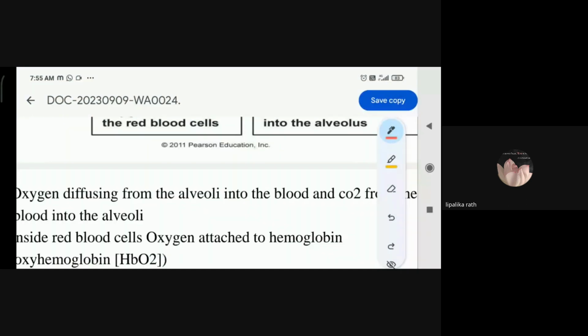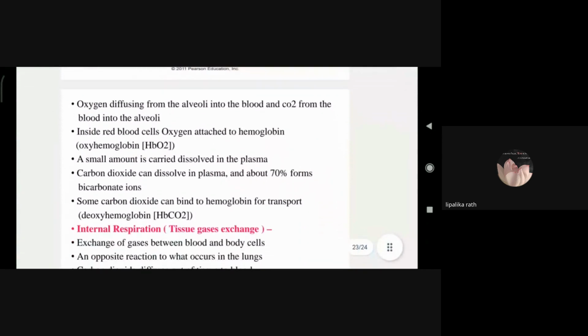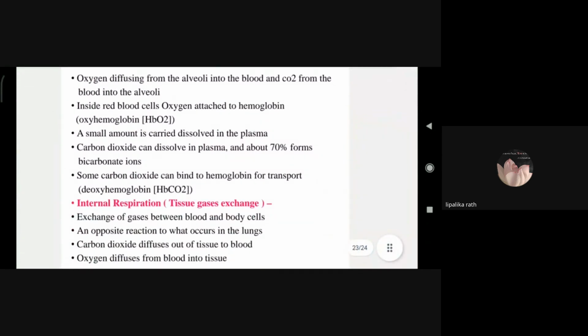Okay. Next, oxygen diffuses from alveoli into blood and CO2 from blood into alveoli. Same thing. Inside red blood cells, oxygen is attached to hemoglobin.